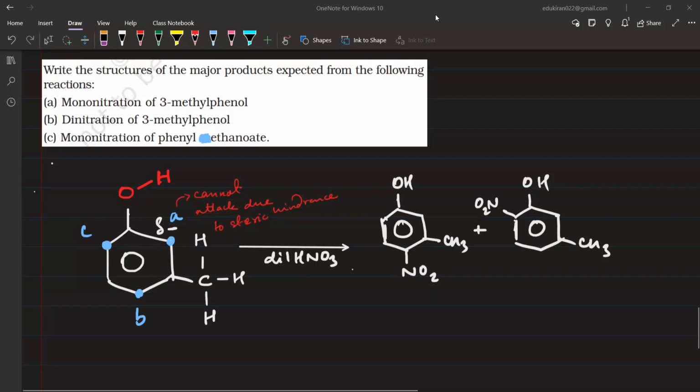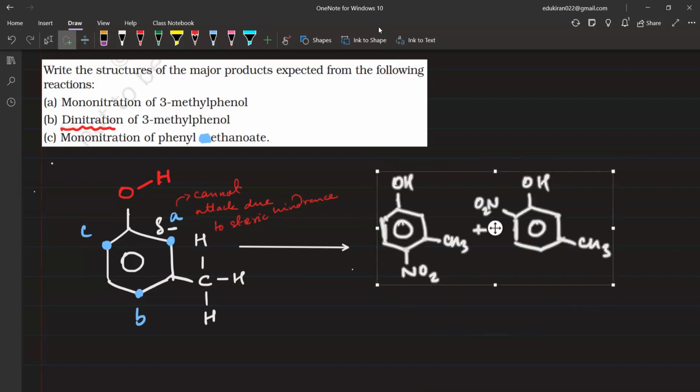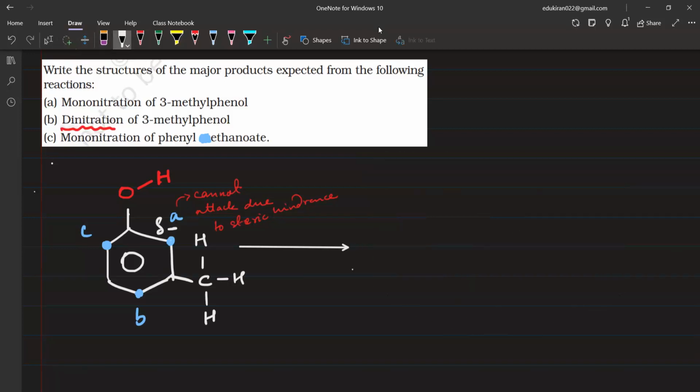Now, what is the reagent that we are going to use in dinitration? Tell me. If you want more than mononitration, then what do we use? Concentrated. We are going to use concentrated, and you are going to get only one product. Again, the same thing is happening: A, B, C are all reactive. But what is going to give you the product?